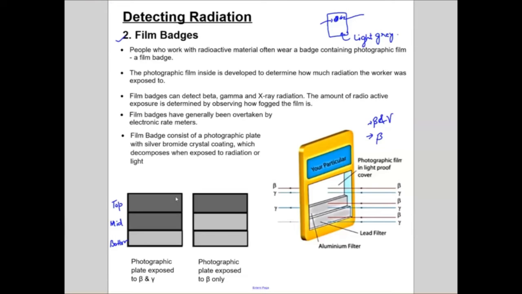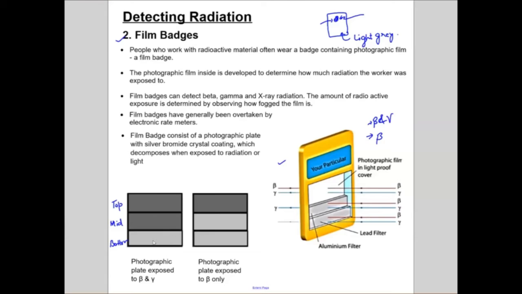So based on this type of color changes, after the shift, after the workers complete their work, they submit this film badge, and in the labs they would develop the film.